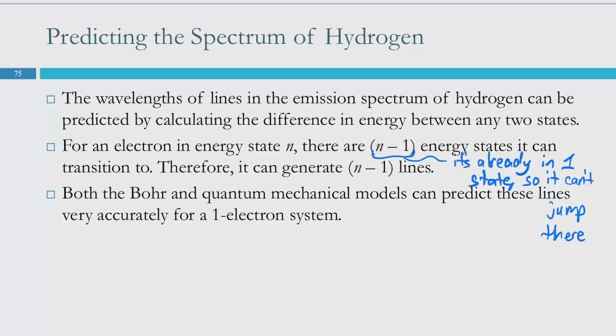And both the Bohr and quantum mechanical models can predict these very accurately for a one electron system. So if we only have one electron, you can predict these very well. It doesn't work if you have more than one electron, unfortunately.